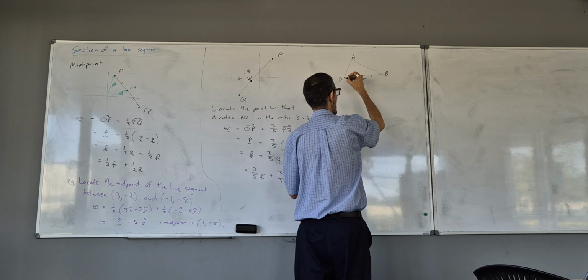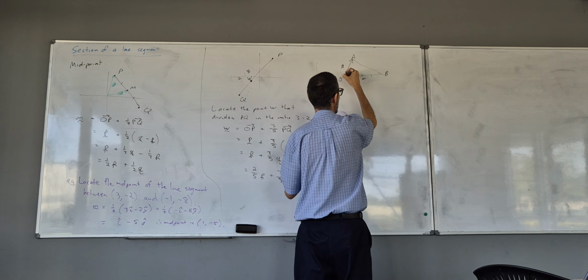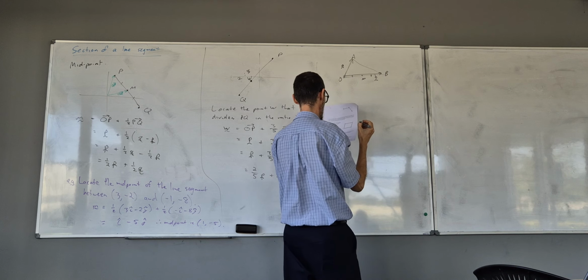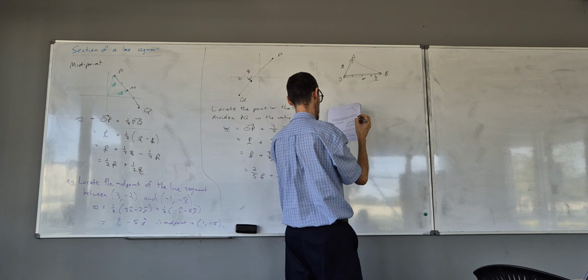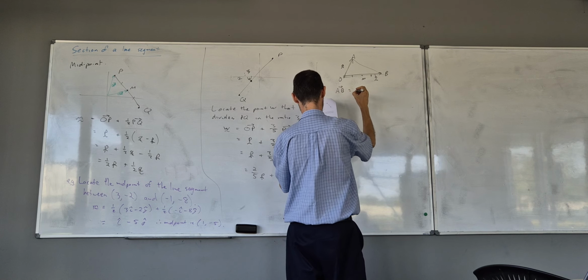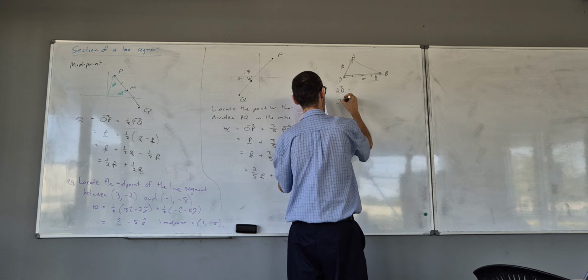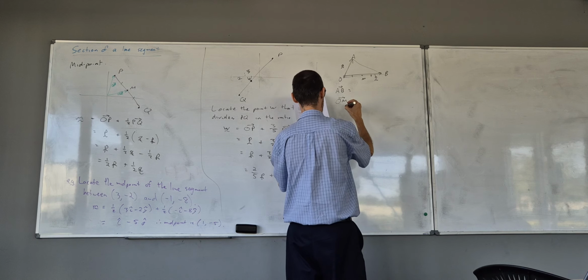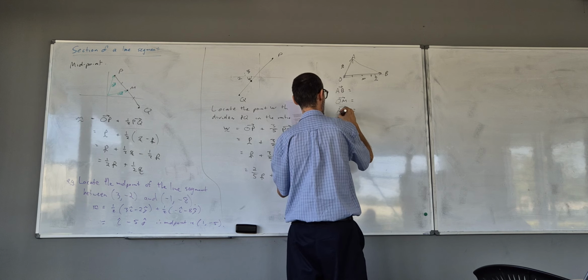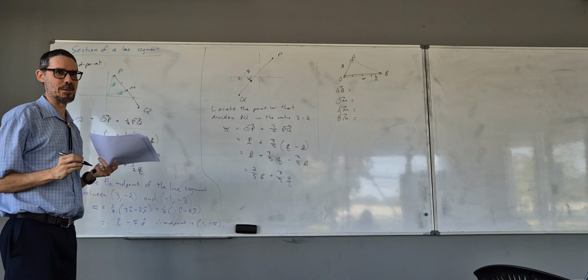I'm going to call this vector A and this whole vector B. And I want you to find AB, no, that's too easy. OM, AM, and BM as vectors in terms of little a and little b. Go.